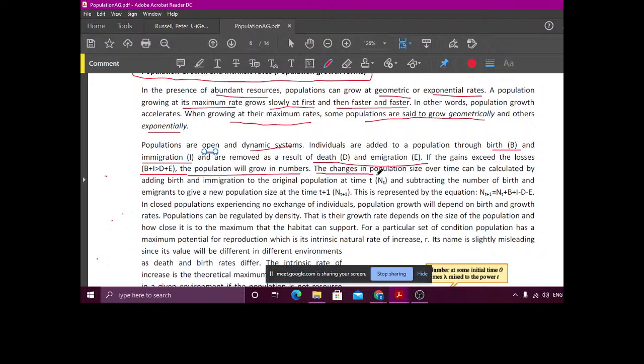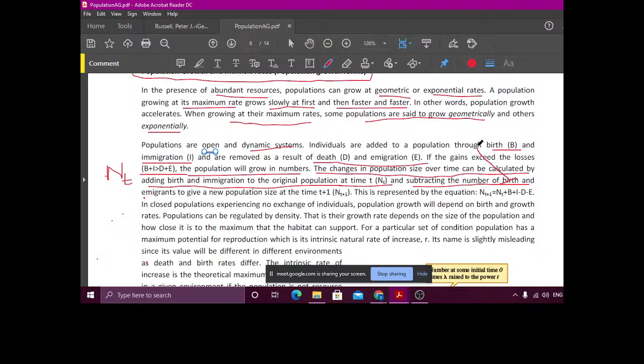This change in population size over time can be calculated by adding birth and immigration to the original population at time t, that is Nt. This is the number of individuals at time t, and subtracting the number of death.